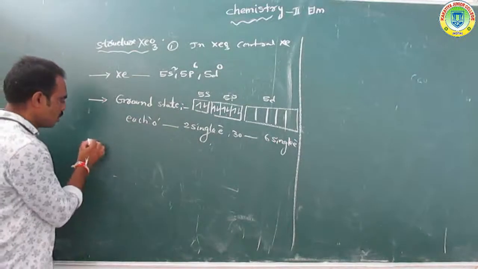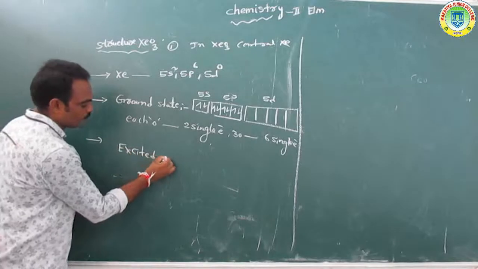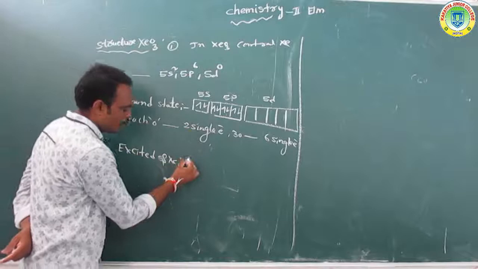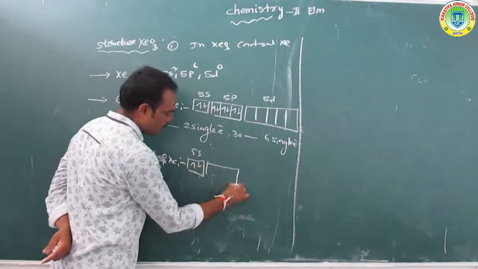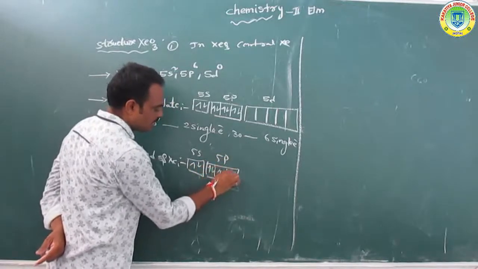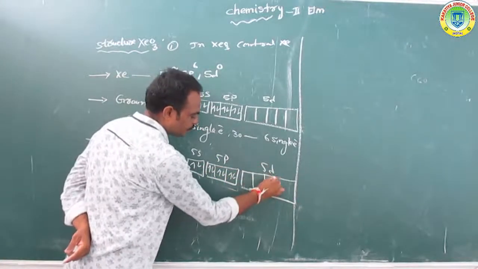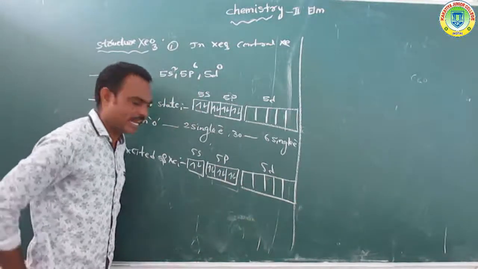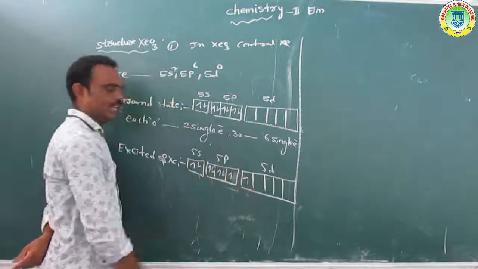Now the excited state of xenon: 5s orbital 2 electrons, 5p orbital 6 electrons, 5d 0. Listen, in the first excited state, one electron of the 5p orbital is jumped to 5d. In the second excited state, another 5p electron is jumped to the 5d orbital. In the third excited state, another 5p electron is jumped to 5d.